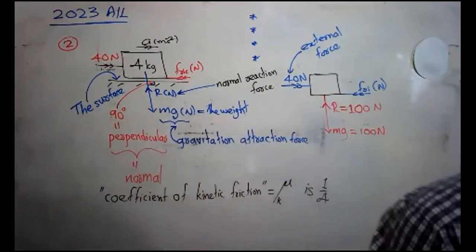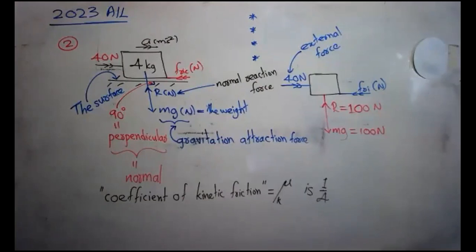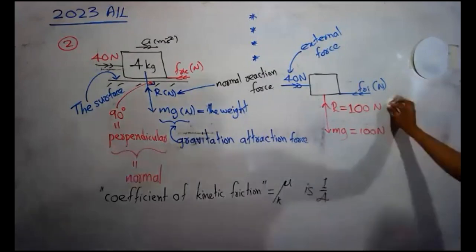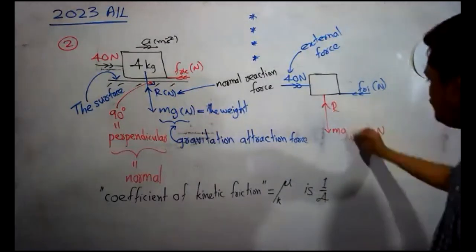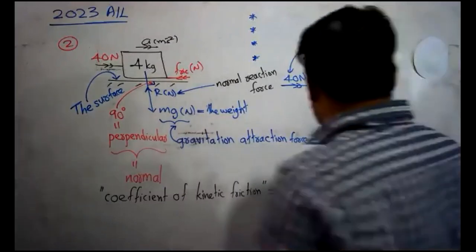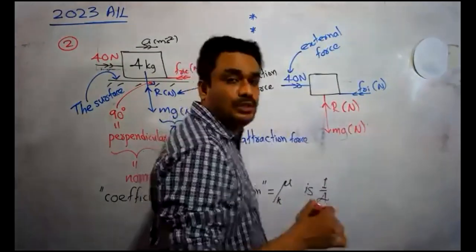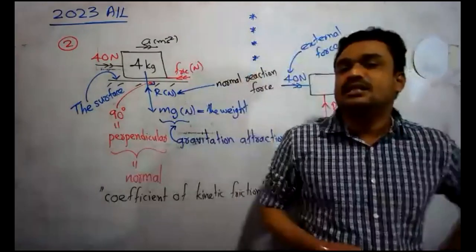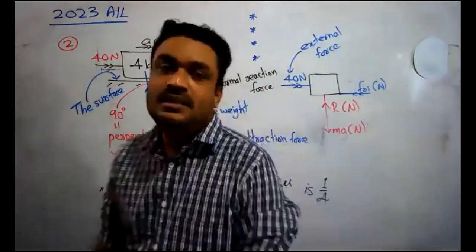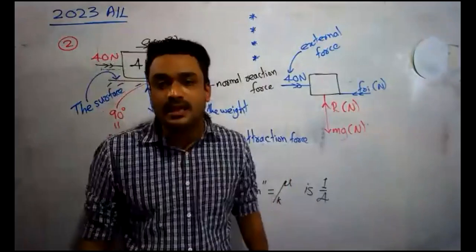Right. So please write the description. After that, I'll give you another description. Let's write the note. Star point: as capital R force is equal to mg force, comma, the object does not have any vertical motion.